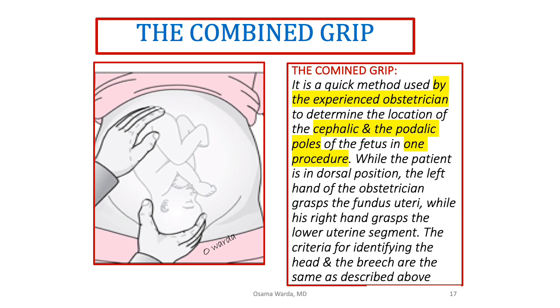While the patient is in dorsal position, the left hand of the obstetrician grasps the fundus uteri, while the right hand grasps the lower uterine segment. The criteria for identifying the head and breech are the same as described before to identify the head and differentiate it from the breech.